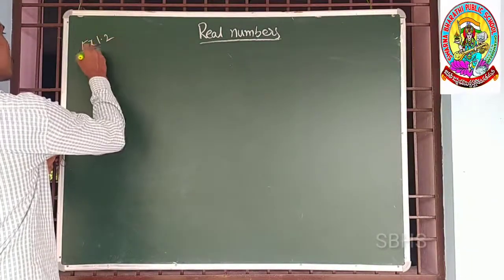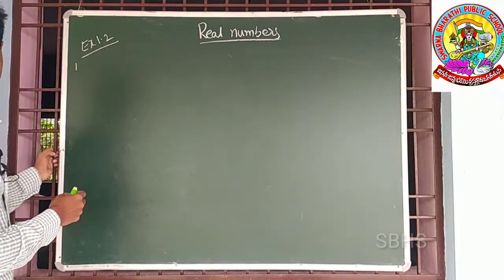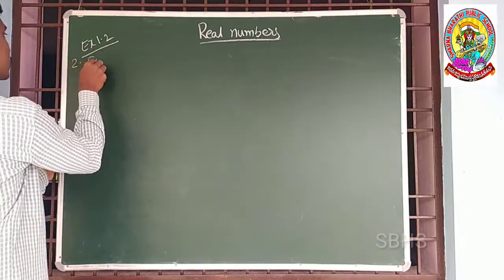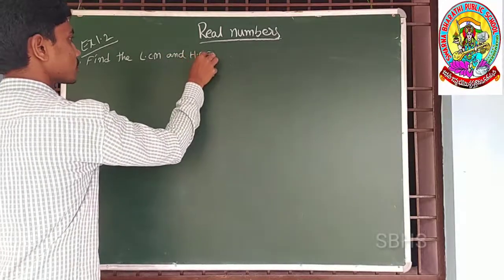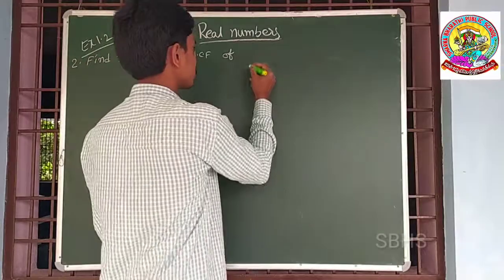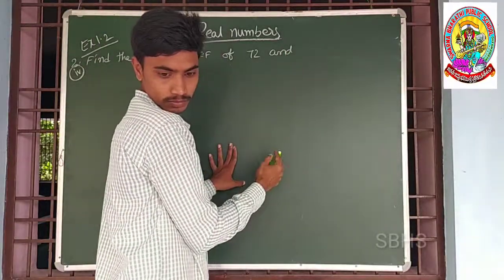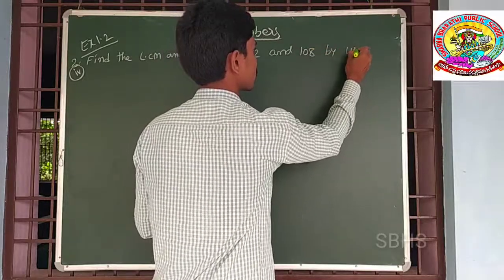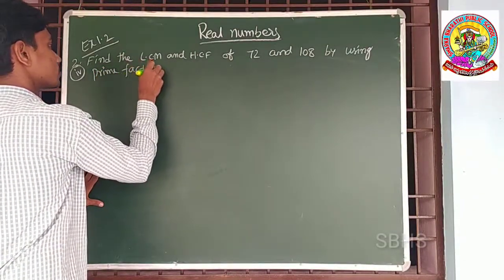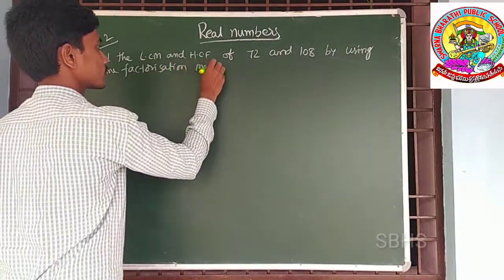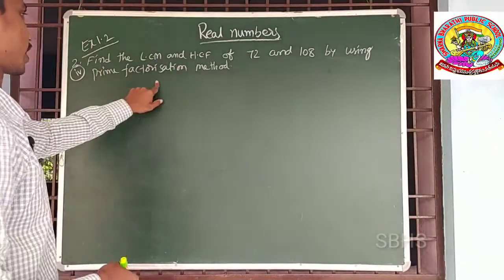From exercise 1.2: find the LCM and HCF of 72 and 108 by using the prime factorization method.